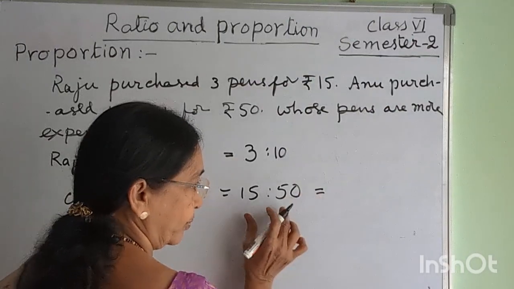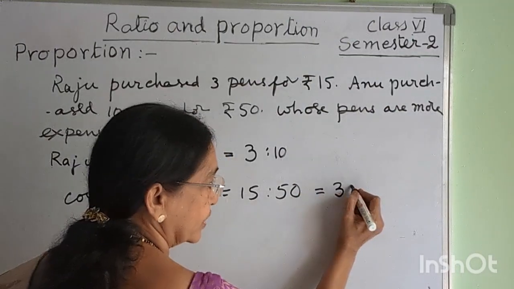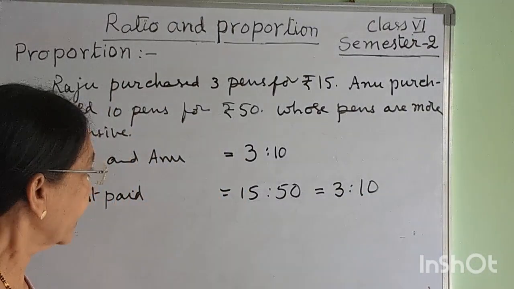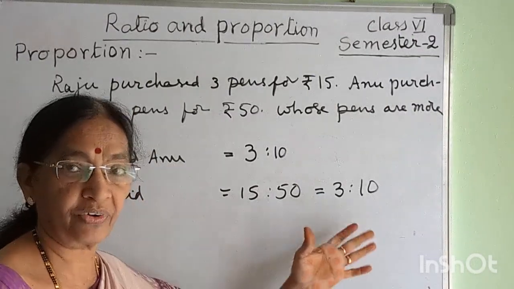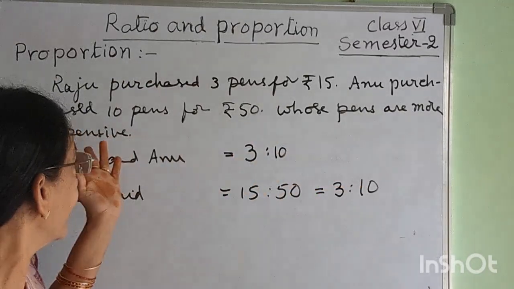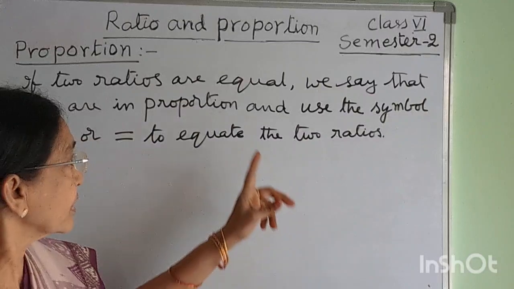Therefore, we can divide both by 5. We get 5 threes are 15 is to 5 tens are 50. Therefore, we got the same ratio. Therefore, the pens were purchased at the same cost. Whose pens are more expensive? Both the pens are the same cost.